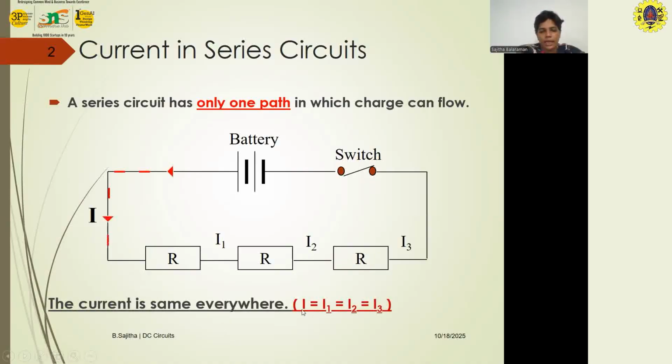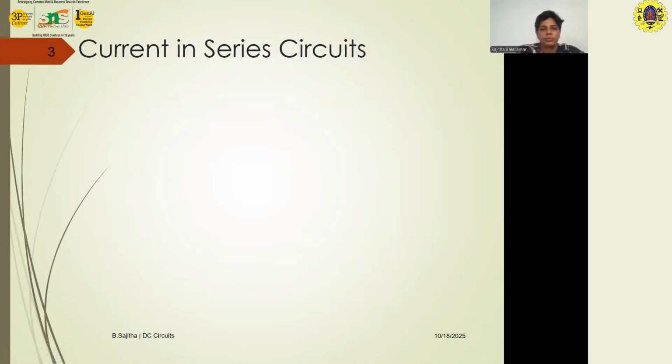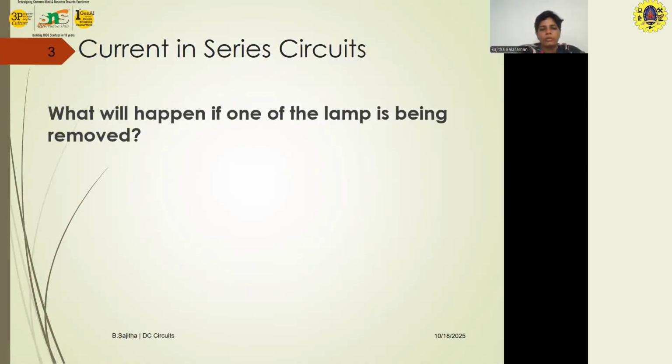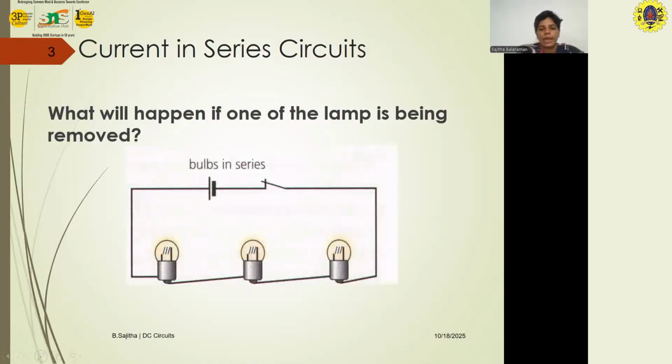As you can see, I is the same everywhere. So I equals I1 equals I2 equals I3, because the current is not getting divided anywhere since it is a series circuit. Now what will happen if one of the lamps is removed from this circuit?